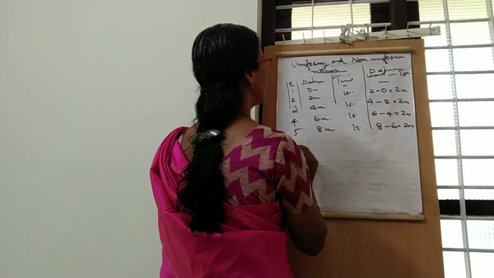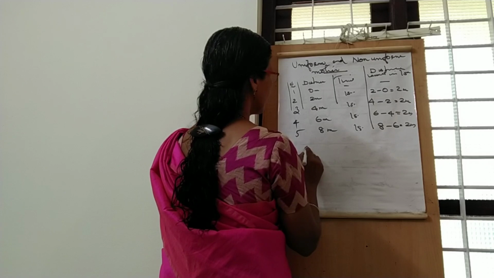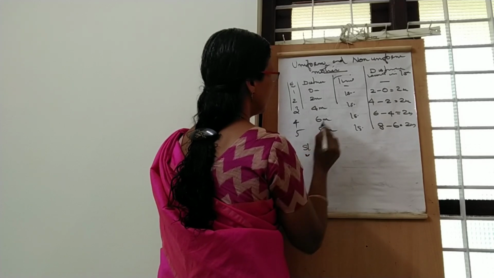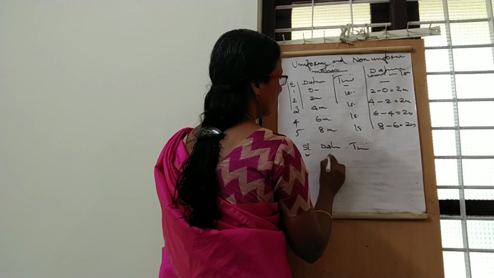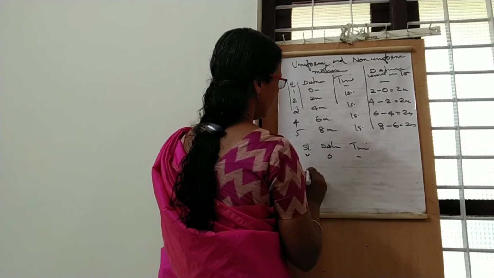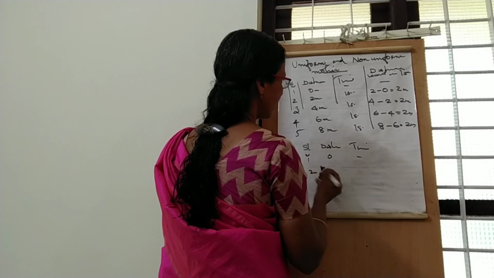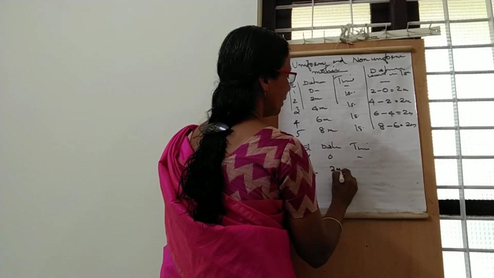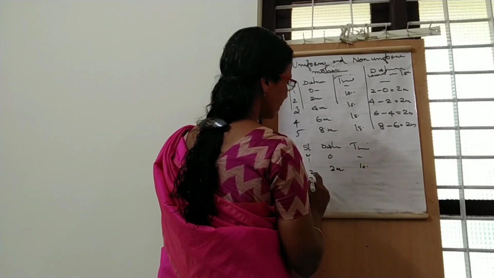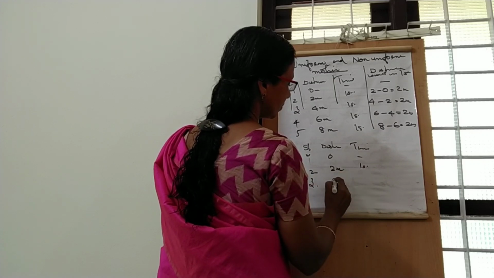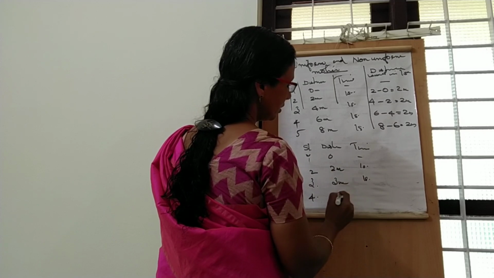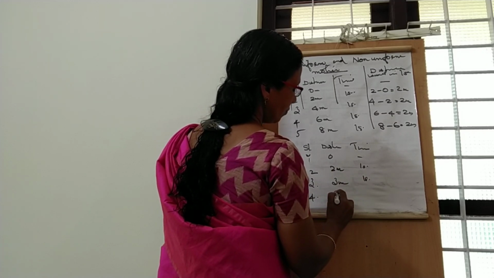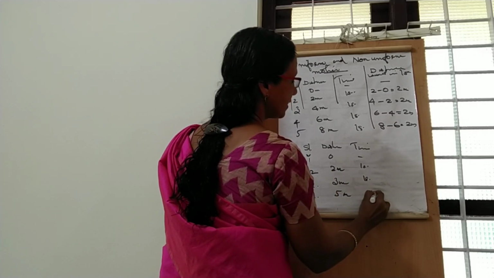The next case: the girl covers distance in time. First 0, second 2 meter, 1 second, third 3 meter, 1 second, fourth 5 meter, 1 second.